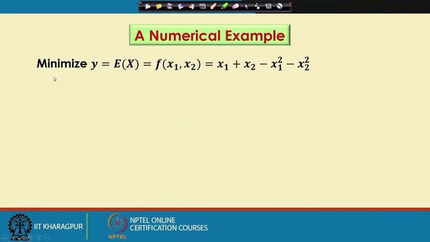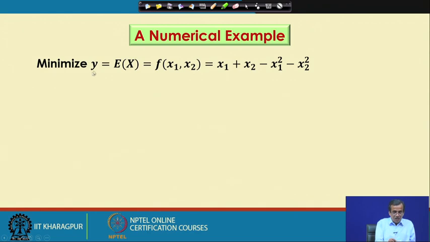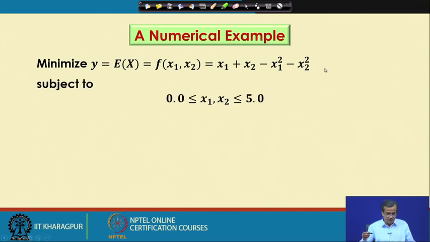Now, the objective function is to minimize y equals E(X), that is the energy corresponding to capital X, and that is nothing but the function of two variables x1 and x2, equal to x1 plus x2 minus x1 square minus x2 square, subject to x1, x2 lying between 0.0 and 5.0. So, this is the range for the design variables, and this is once again an unconstrained optimization problem, and there is no functional constraint.